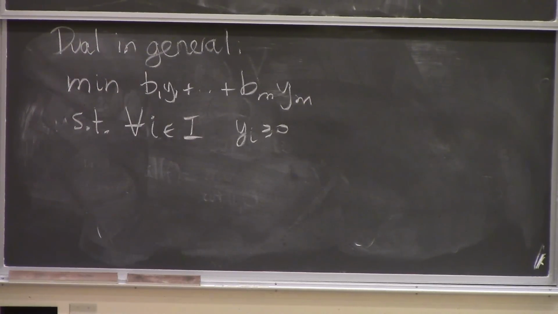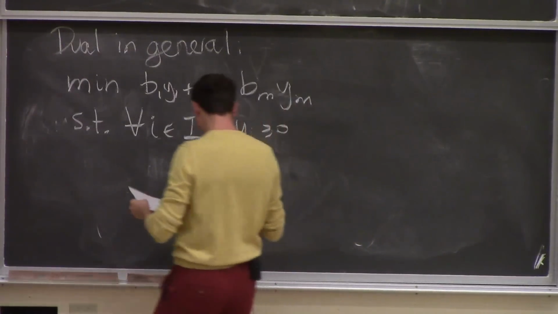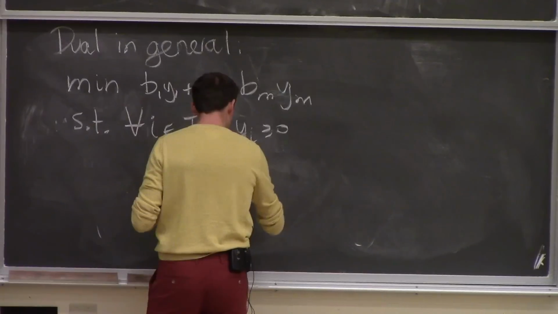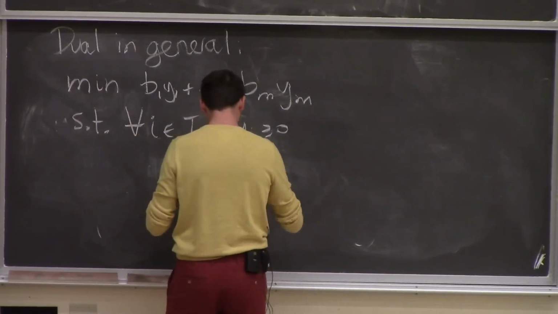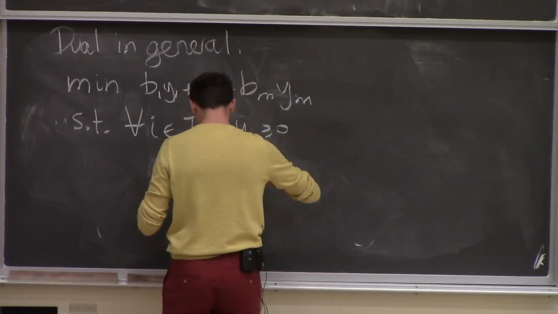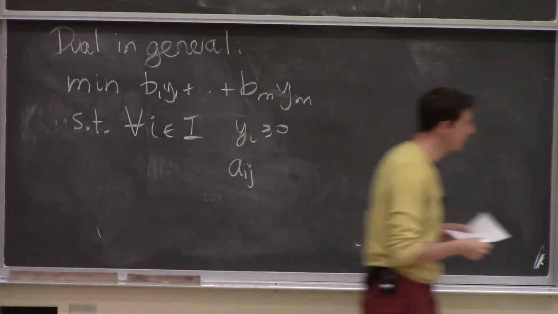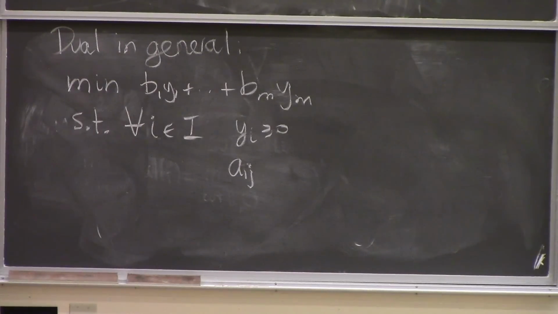Okay? So let's write that first. I'm fixing j, right? So when I fix j, I'm moving i inside this, and I want to set that equal to Cj, okay?